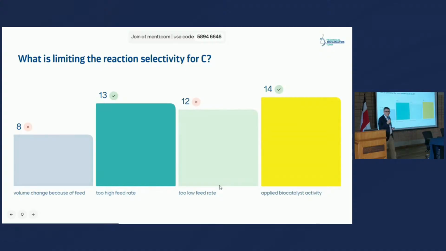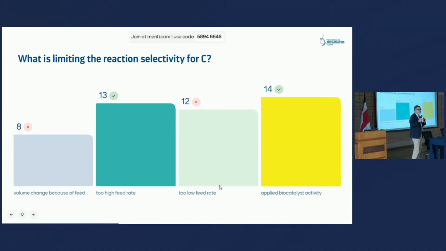Yeah, we have a broad distribution. But the right answer, and I will show you in a moment why, is the feed rate is too high. Why can it not be the other options? Well, volume change because of feed, right?